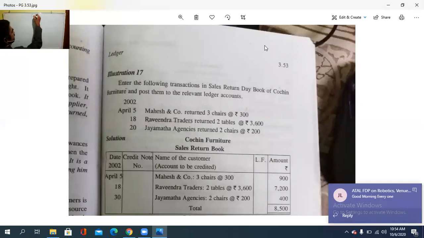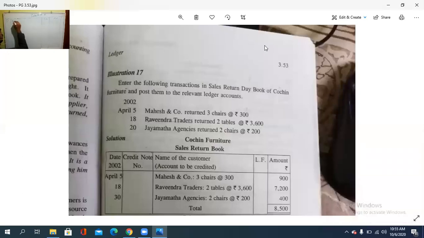So it is the sales returns day book. This is the amount, this is the ledger folio, this is the date, then the credit note number, and particulars.